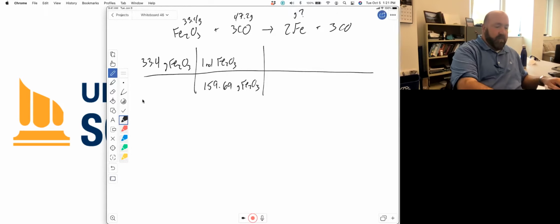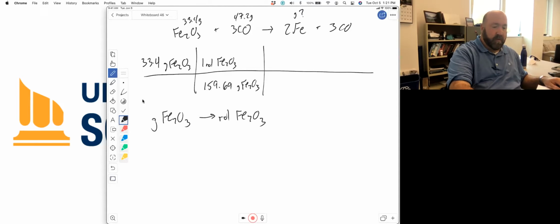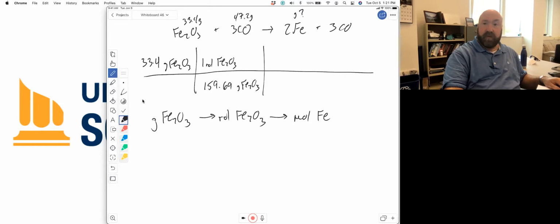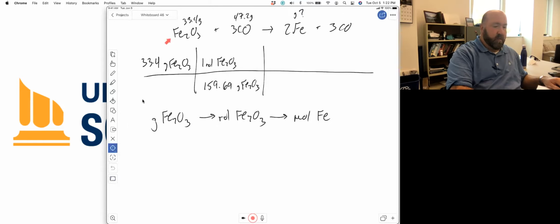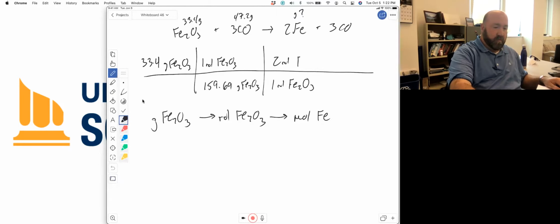Here we've gone from grams of Fe2O3 to moles of Fe2O3. Next, we use our balanced chemical equation to go to moles of Fe. We can see from our balanced equation that we have 1 iron 3 oxide to every 2 moles of iron, so we put our moles of Fe2O3 on the bottom so that it cancels out to 2 moles of iron. And then finally, we use our molar mass of iron.